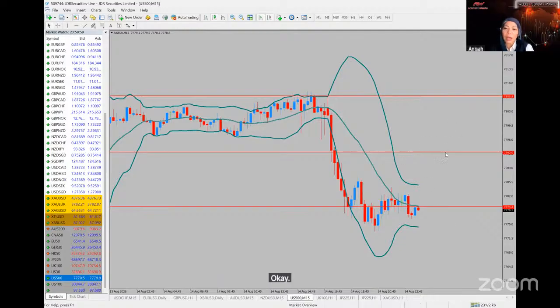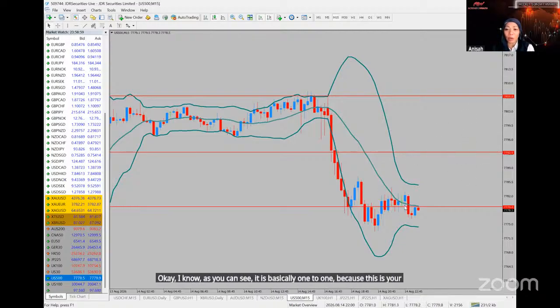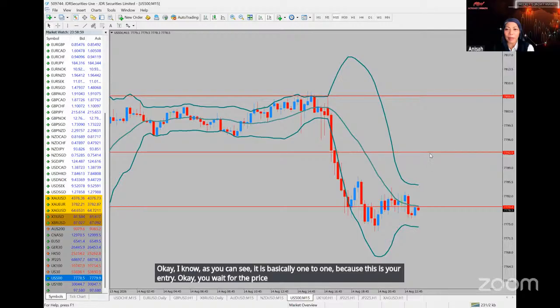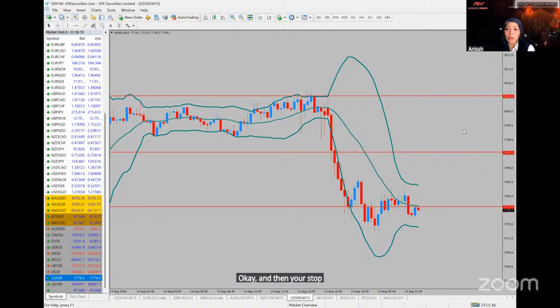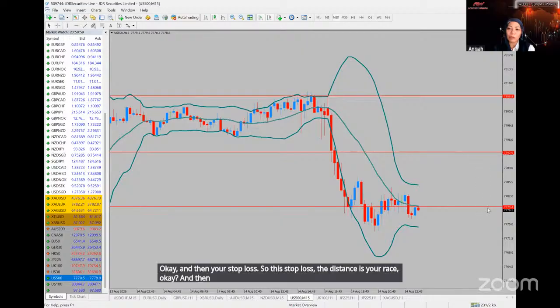As you can see, it is basically one to one, because this is your entry. You wait for the price to come back here and then enter to go short. The distance to the stop loss is your risk, and the distance from entry to your target is your reward.